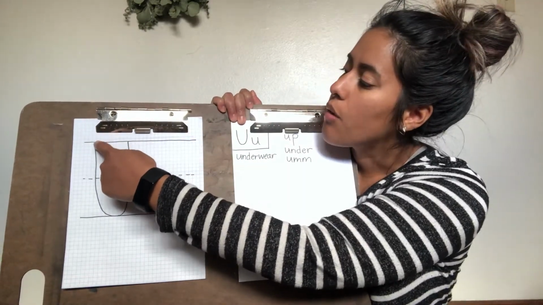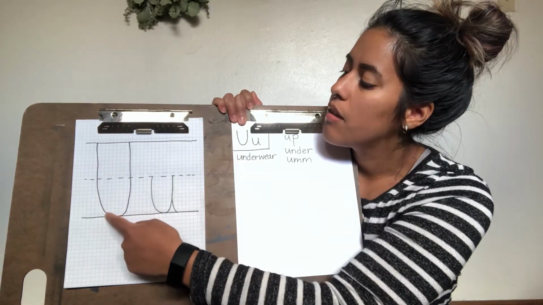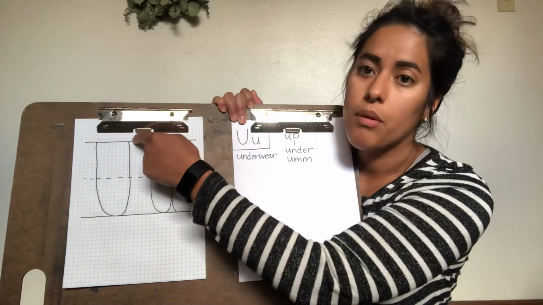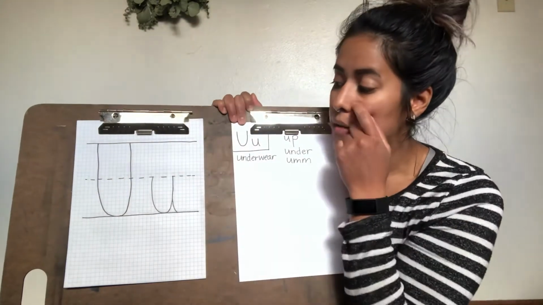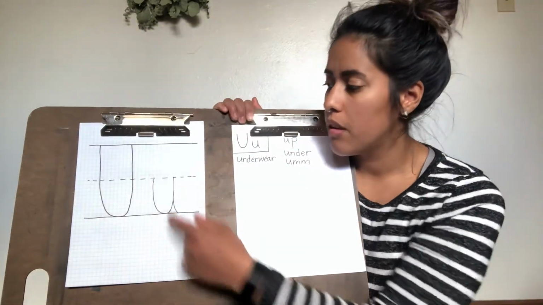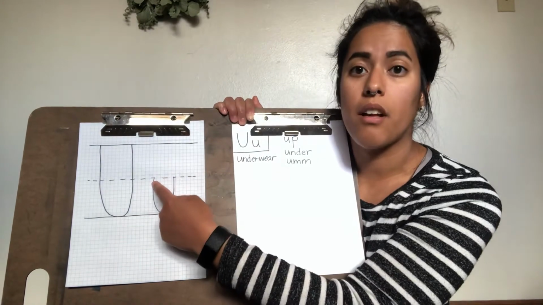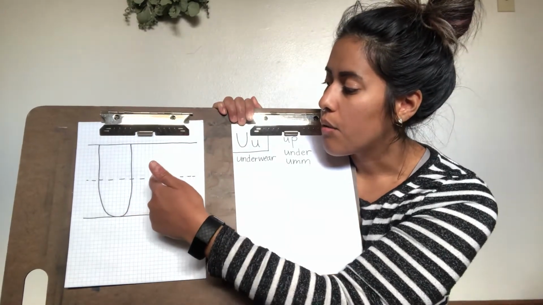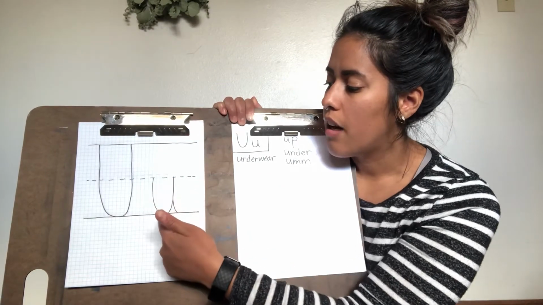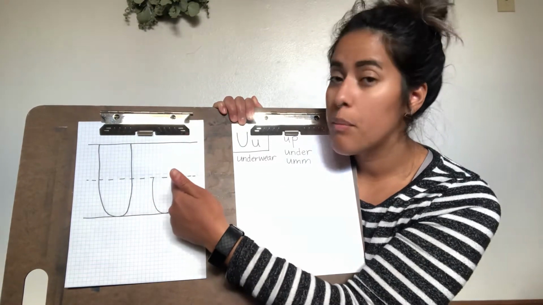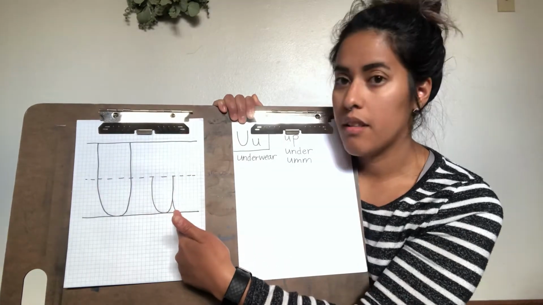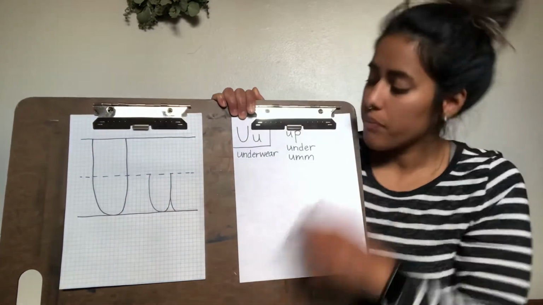So remember, you go down to the bottom line, curve back up to the top where you started. And then for lowercase u, lowercase letters usually start in the middle line. So you start in the middle line, curve down, back up, and then you need to add a little leg and go back down to make a tiny leg right there.